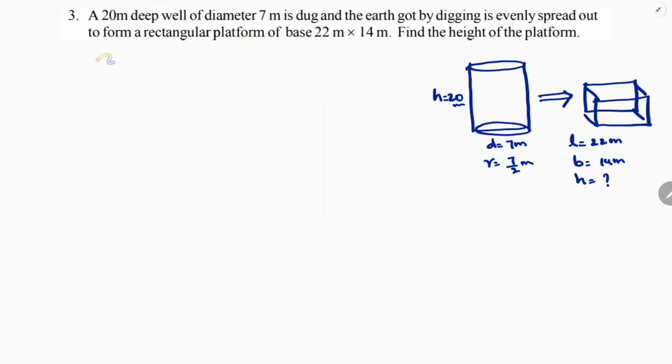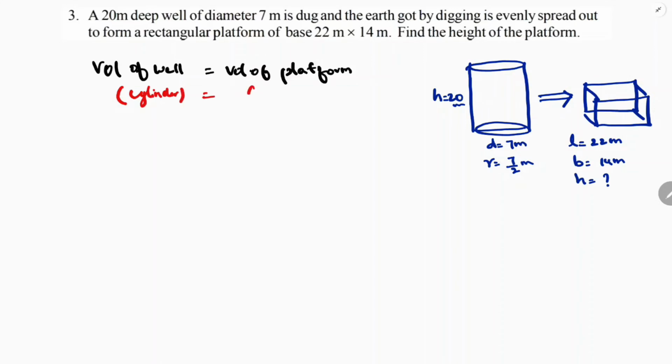So now see, I'll write the same step here. Volume of well equals volume of platform. And here very clearly, well is in the form of a cylinder, and the platform is a cuboid.